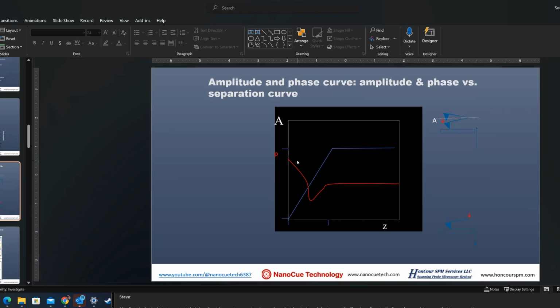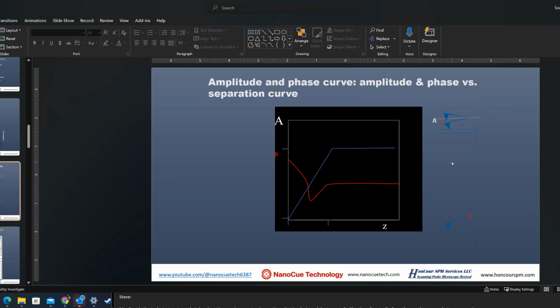So let's say we assume there is a water layer of a certain thickness. When you're in the attractive region, we believe the tip is actually in the water layer. But I would like to describe it in a way such that it's actually not a water layer, but a layer of attractive force.